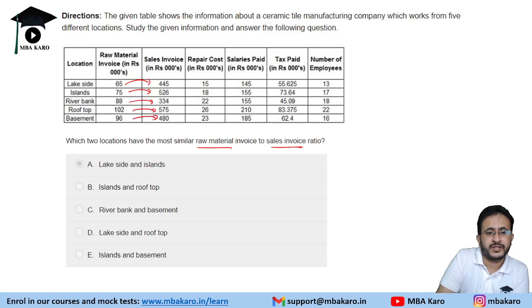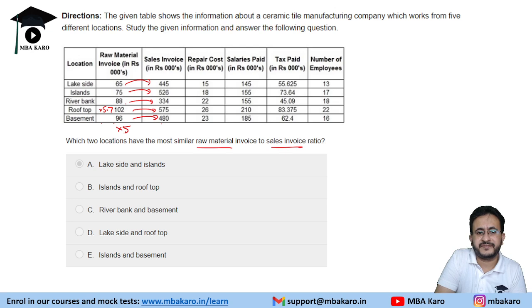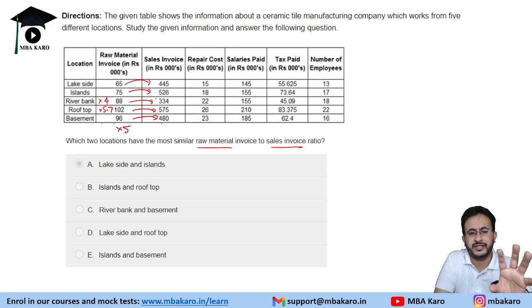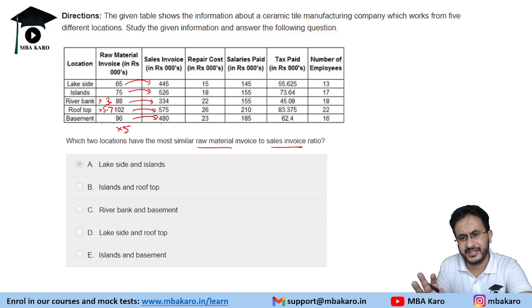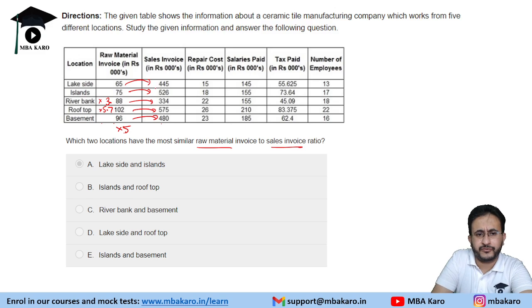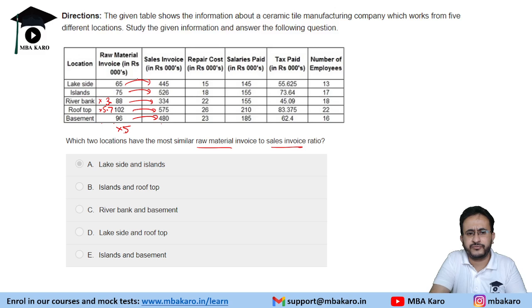Now 96 into 5, you get 480 into 5 point something, 5.7. 88 into 2 is 176, so 4 times would be more. So it is less than 4, 3 point something. No need to calculate exact. 65 into 445, 6 into 7 is 470, so roughly 7 times. 75 and 526, 70 into 7 is 490, so roughly 7 times.